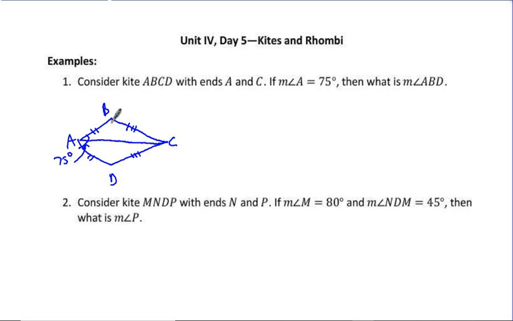So I need to cross the other diagonal right here, which I know is bisected by AC at a 90-degree angle. So the symmetry line AC was the perpendicular bisector to the diagonal BD. All of that information I know. And the angle I'm looking for is this angle right here.